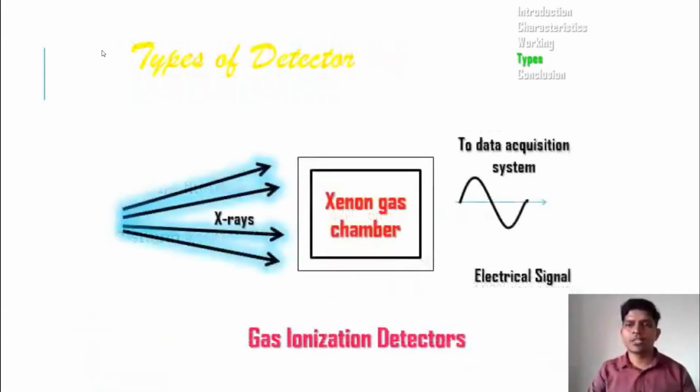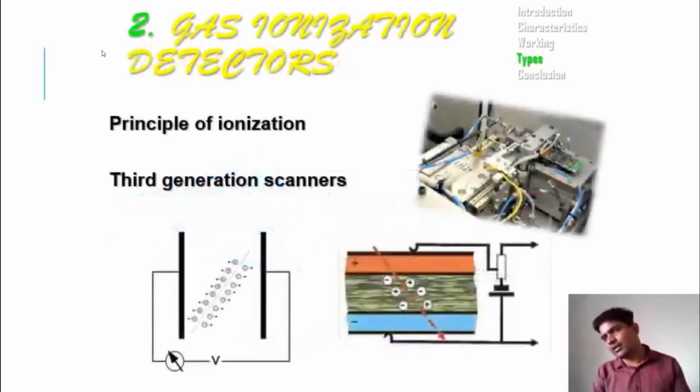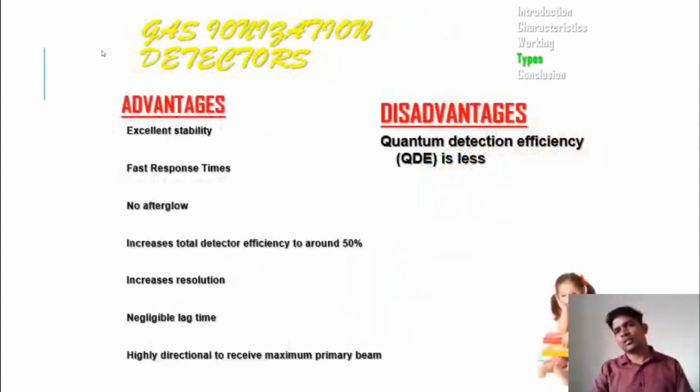Another one is the gas ionization detector. Here also you can see the X-ray hits the xenon gas chamber, where the data acquisition converts to an electric signal. Again, the electric signal is converted to the image. I think during the third generation, this gas ionization detector principle was used. So what are the advantages and disadvantages of the gas ionization detector?